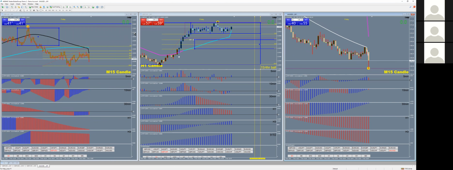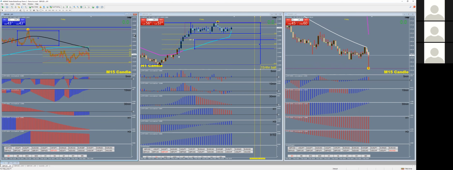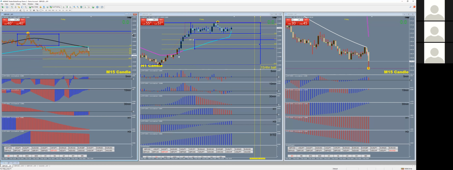So the dollar should have gotten strong. Yeah, but you know what they're going to do? It didn't have much of an effect though. Pound yen spiked to the top side.